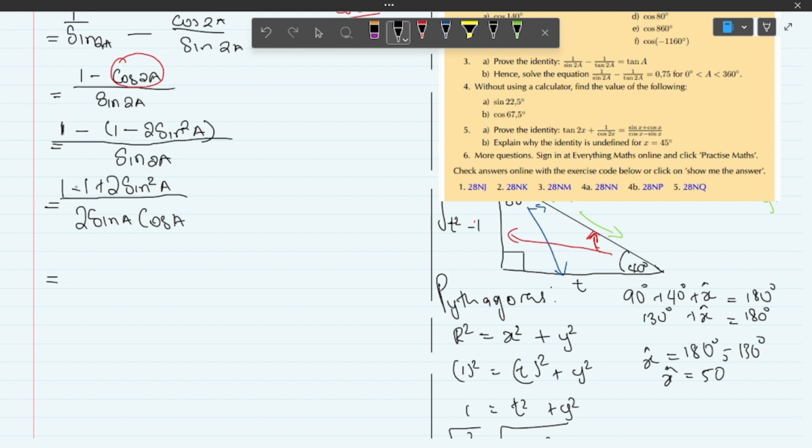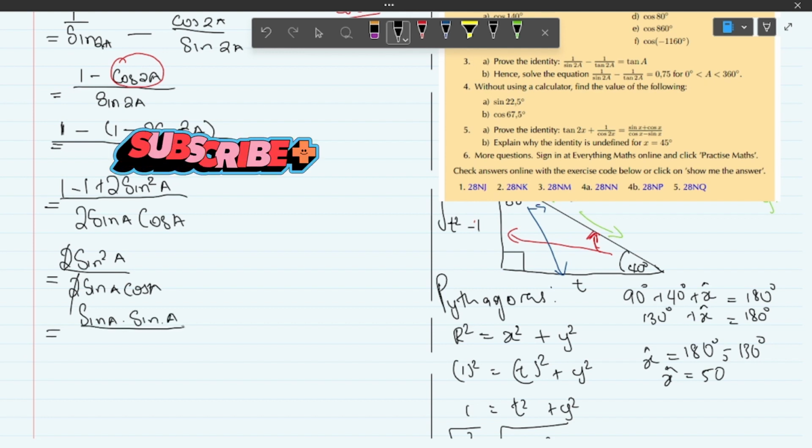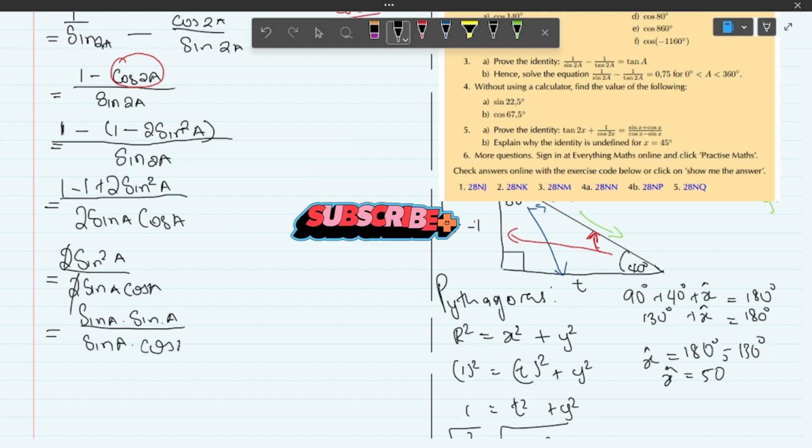So nesayenza guys ukuthini? Lo minus 1 lo minus 1 xa minus 1 bangu-0, then soshiyeka no-2 sine squared a over 2 sine a cos a, and then lo 2 nalo 2 bayakhansilishana, and then sizashiyeka no sine a multiply by sine a over sine a multiply by cos a, yabo.